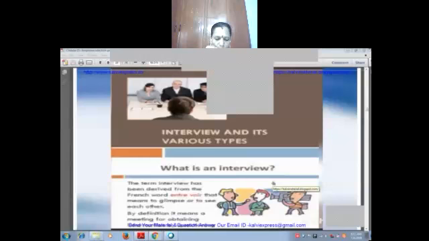Yesterday we saw the meaning and definition of the employee selection process, the importance of selection, the steps in the employee selection process, and then selection tests. We have ability tests and personality tests.